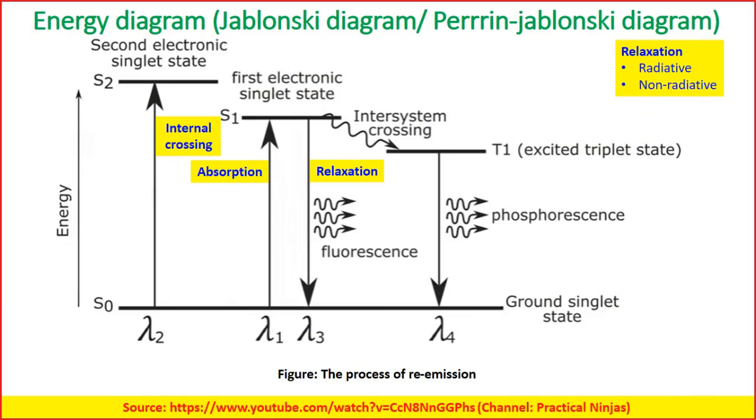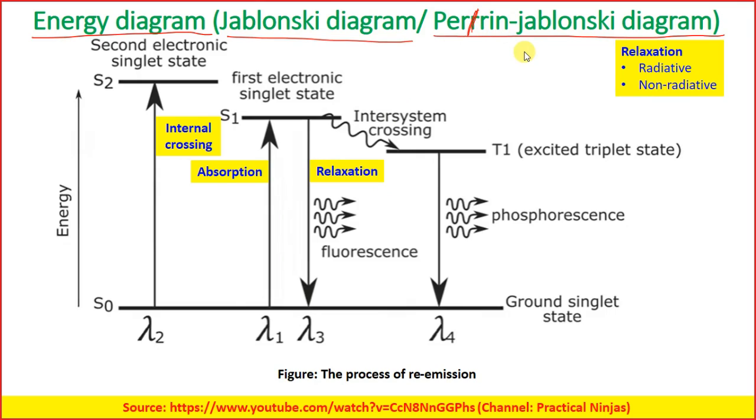Let us go to the next topic, which in layman's terms is regarded as the energy diagram. This energy diagram is also regarded as the Jablonski diagram or Perrin-Jablonski diagram. There is one extra R, so please cut out one of the Rs.